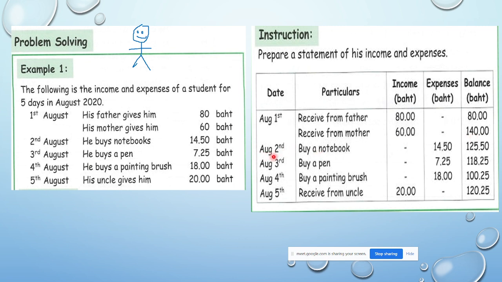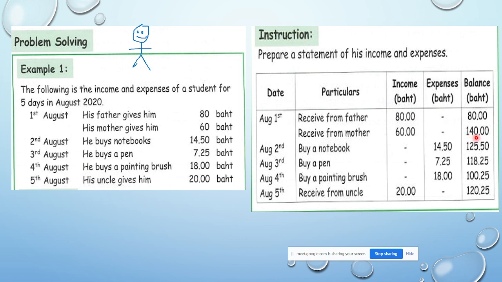Okay, on August 2nd, you buy a notebook for 14 baht 50 satang. So that 14 baht 50 satang is a part of your income or expense? Expense. So you will write here. Because it is an expense, you will subtract it from your money. It will be minus, right?